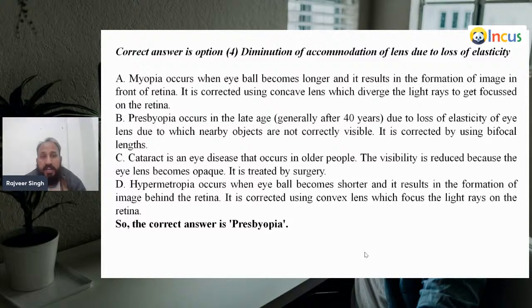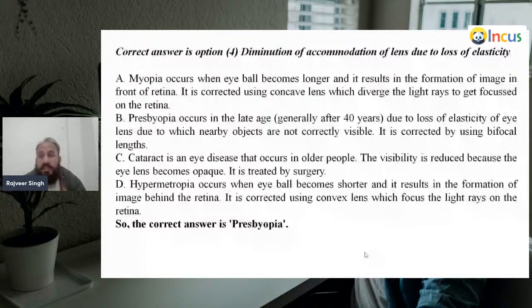Presbyopia occurs in late age, generally after 40 years, due to loss of elasticity of the eye lens, due to which nearby objects are not correctly visible. It is corrected using a bifocal lens. Then cataract is a disease that occurs in older people.